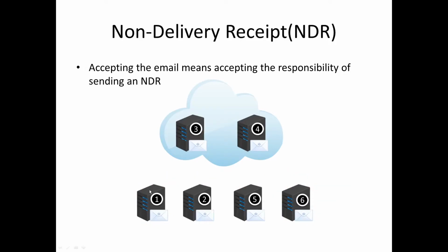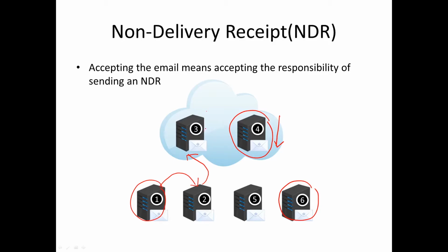Okay, now let's try another one. Let's say SMTP server 1 will be sending an email again to SMTP server 6, and knowing that SMTP server 4 has been removed from the network. Let's say something happened to SMTP server 4. So the message will be sent from SMTP server 1 to 2, from 2 to 3.